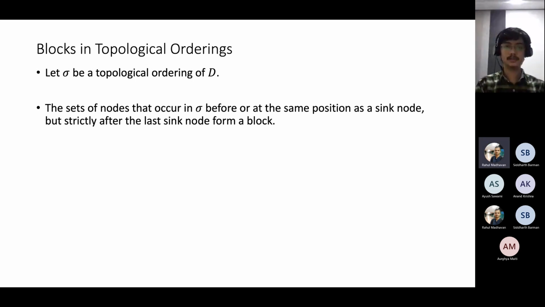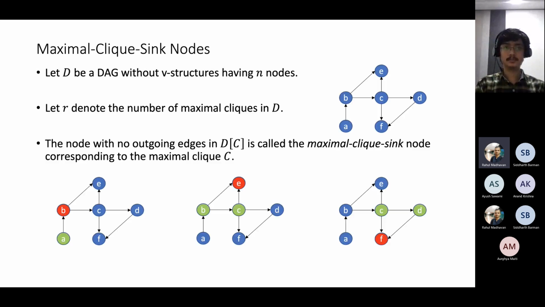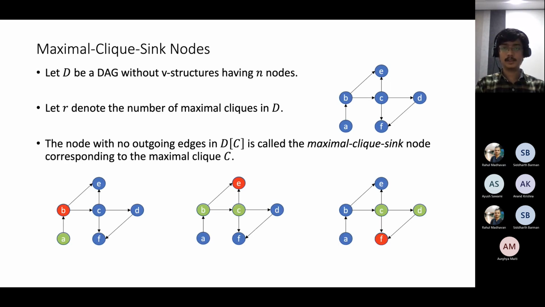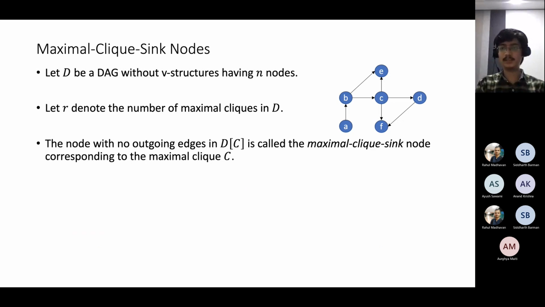Sorry, I had a question, probably very basic. The cliques that you're considering are on the MEC, which is the undirected graph. But here you're considering the directed graph and the sink node in that directed graph, is it? Yes. The maximal cliques would be the same in the MEC, which is just the skeleton of this DAG. The set of maximal cliques would be the same, but the sink nodes would depend on the actual directions.